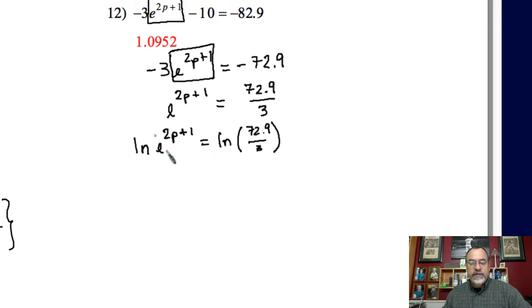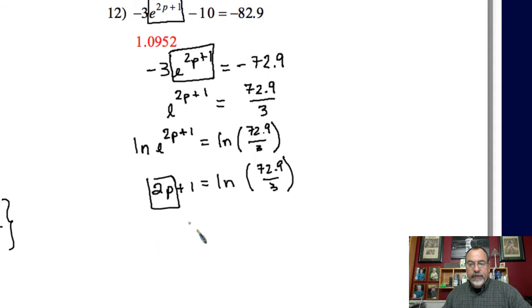Now remember, this simplifies because we're taking a natural log of base e. It's going to simplify to the exponent. So this is going to be, again, still 72.9 divided by 3. And now here's the term with the variable, so I'm going to isolate it. 2p is equal to the natural log of 72.9 divided by 3, and we're subtracting 1 from both sides.